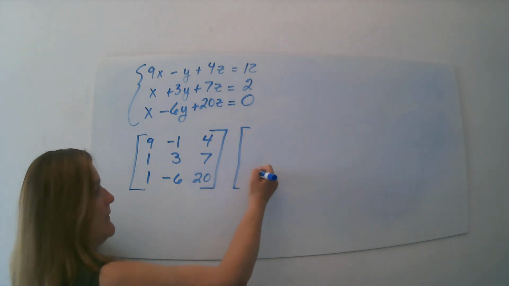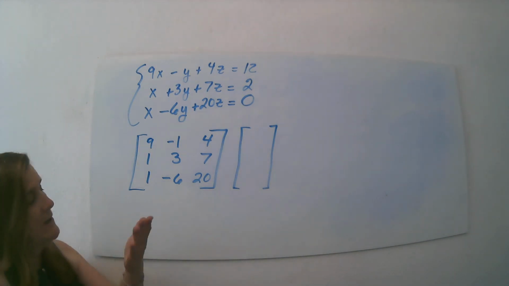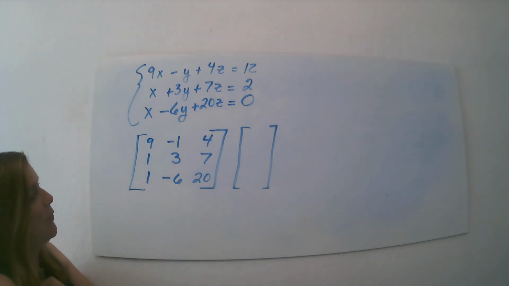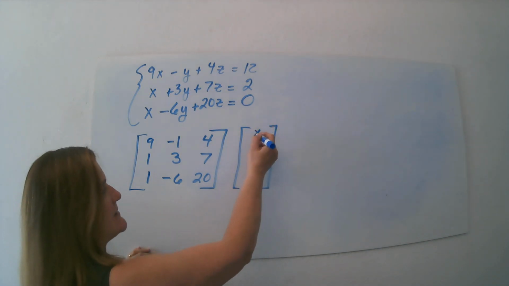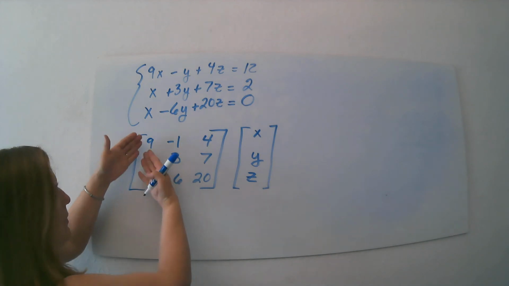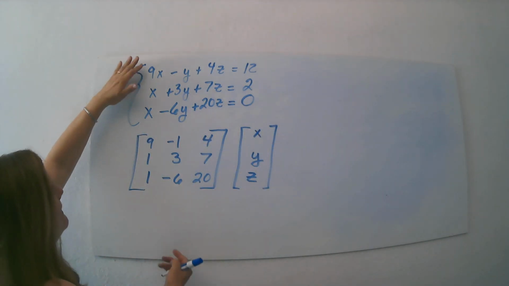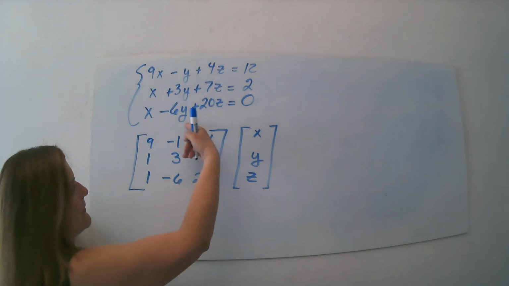Now we would have a column matrix that represents the variables. In the previous one it was x and y. This one we need x and y and z. And you could confirm that when you multiply this matrix by this column matrix, you end up with the quantities here on the left.